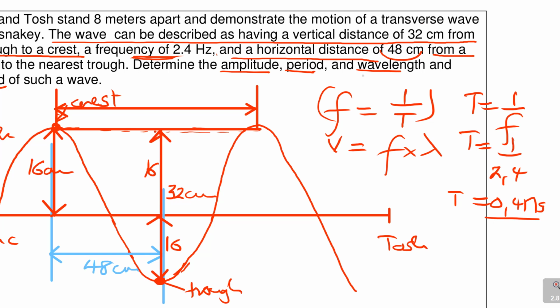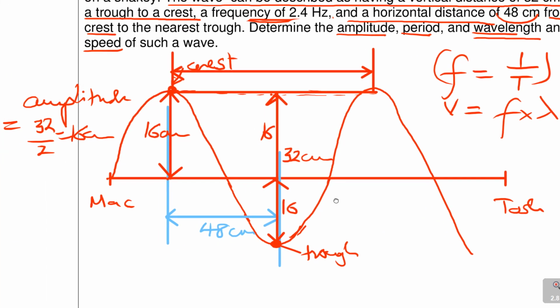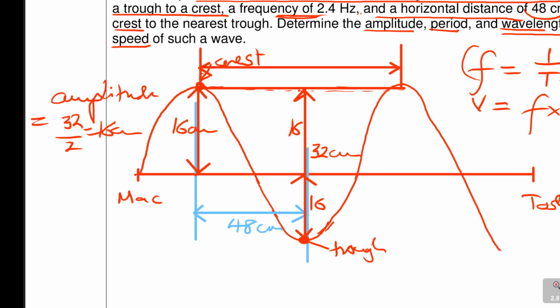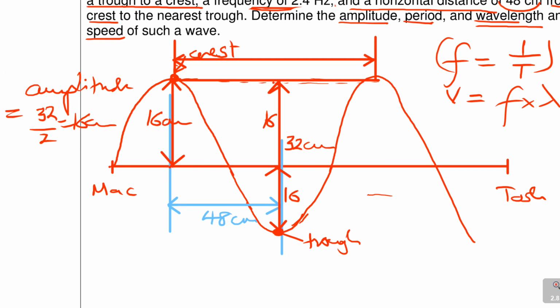And then now they want the wavelength. Now look at this. When they're talking about the wavelength, they used this part to say from crest to trough. Let me just show you here.